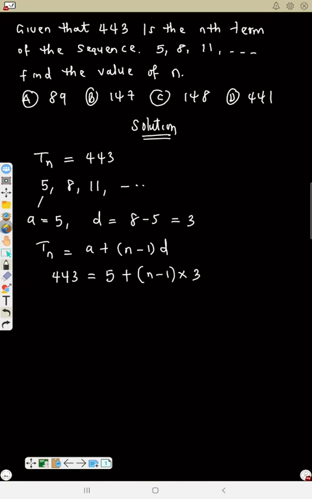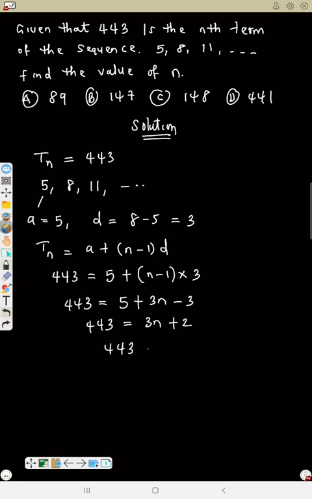So d is 3. Now this will be 443 equals 5 plus 3n minus 3. Collect the like terms. So 443 equals 3n plus 2. Why? Because 5 minus 3 is 2.